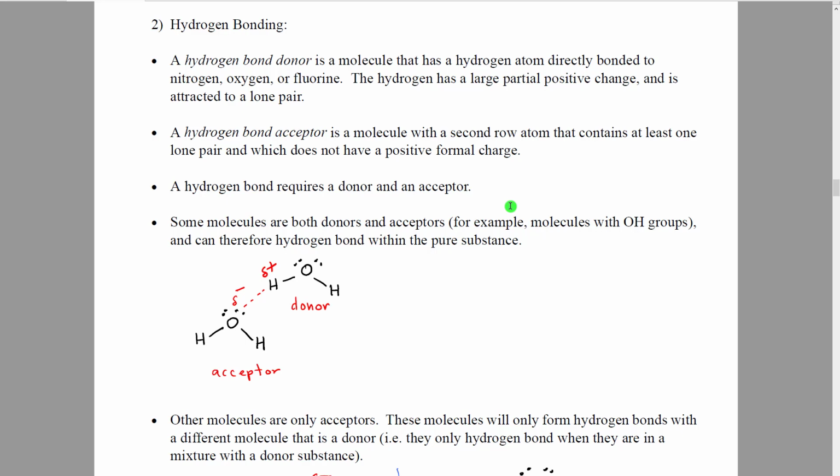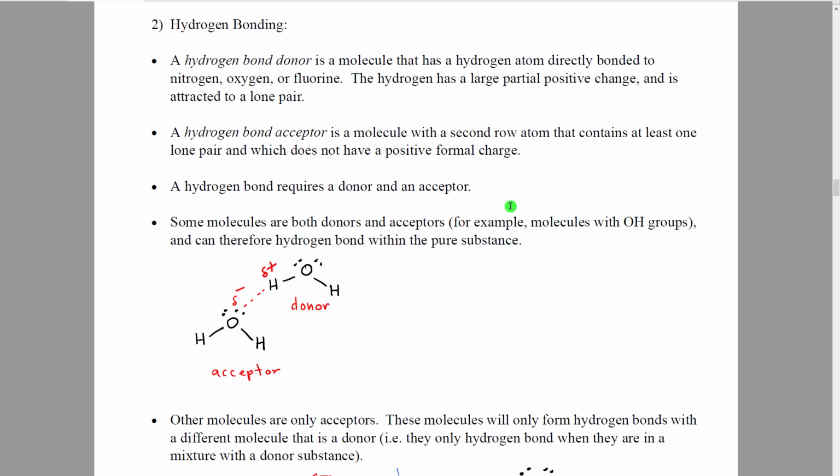Now, because nitrogen, oxygen, and fluorine are extremely electronegative, that gives a very large partial positive charge to that hydrogen. So the nitrogen, the oxygen, and the fluorine get partial minus. The hydrogen gets a partial plus.